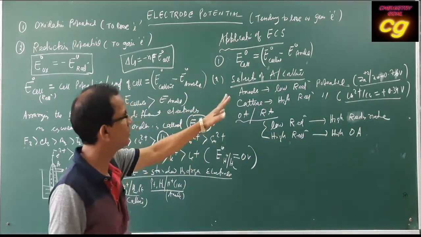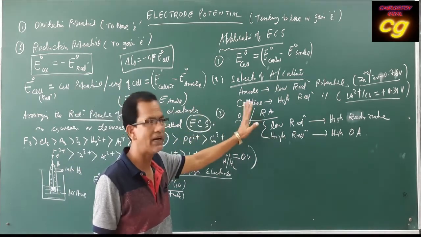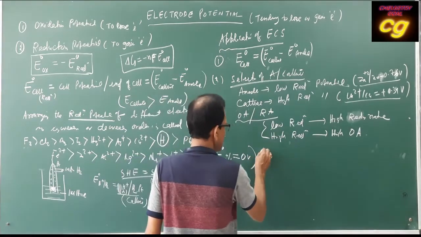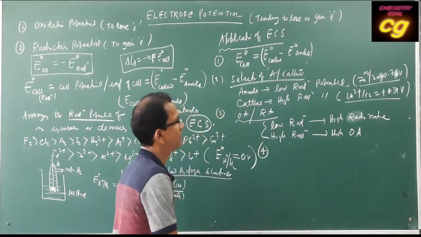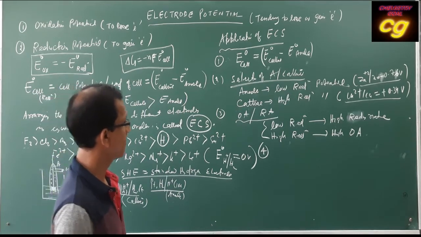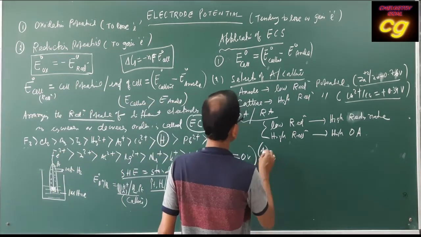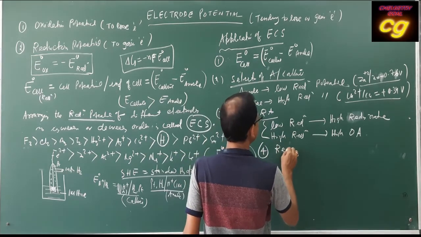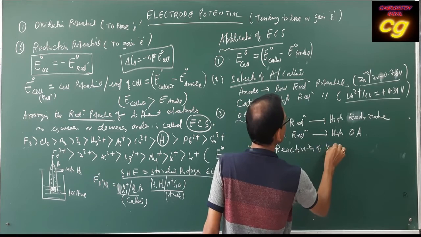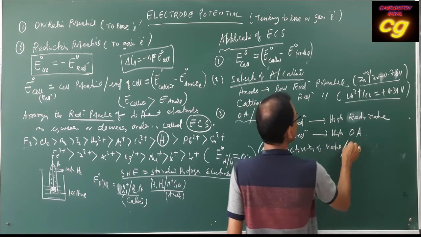So we have selection of anode and cathode, oxidizing and reducing character, and calculation of cell potential. The next one is the reactivity of metals and non-metals.